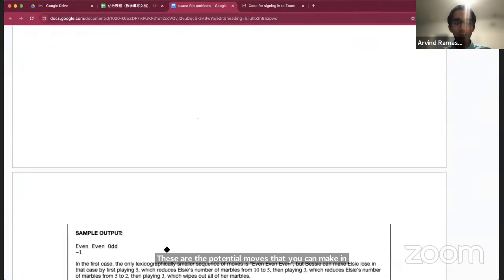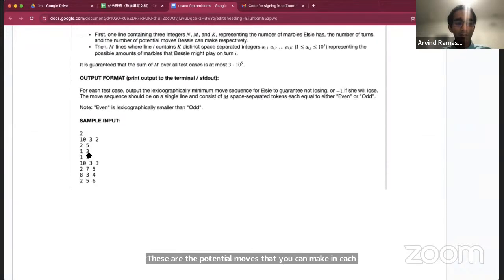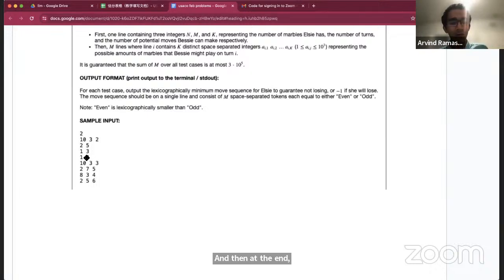So the optimal answer is even, even, odd. If you pick even, then Bessie will pick the worst case, which is odd. And then if you pick even again, Bessie will pick the worst case, which is odd. So Elsie will lose 2 marbles. And then at the end, Elsie can just pick odd, right?